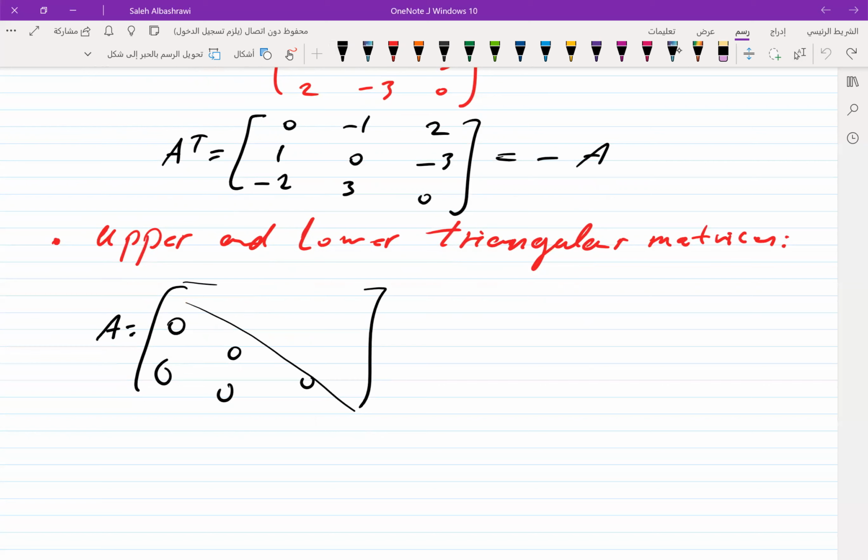If I have A11 up to A1n and going down to Amn, all of these are non-zero, but the elements under the main diagonal are equal to 0, we call it upper triangular.